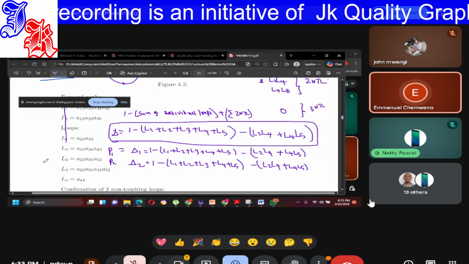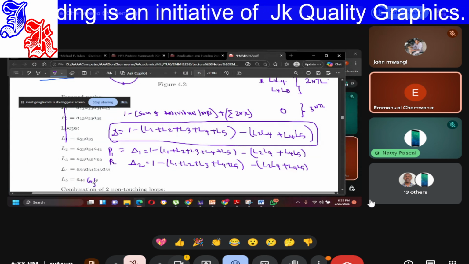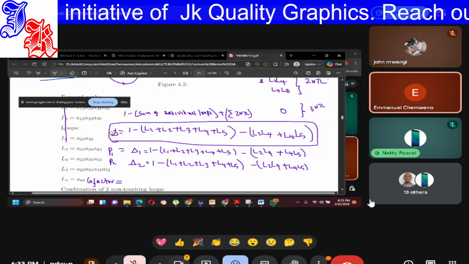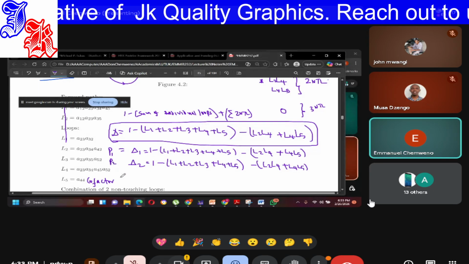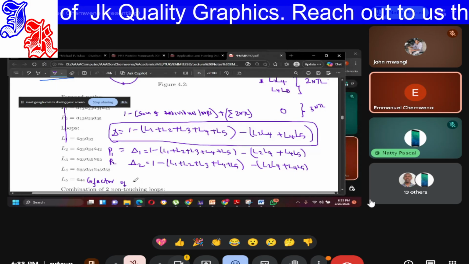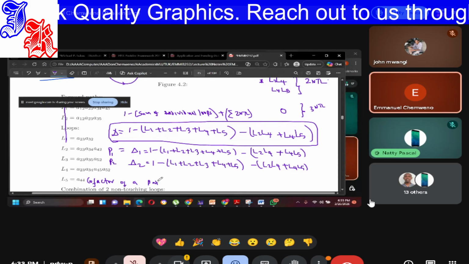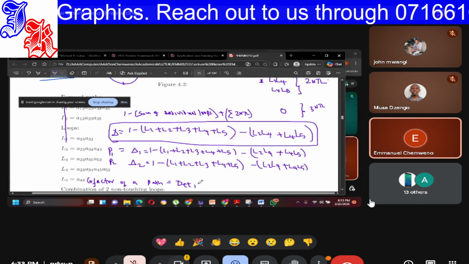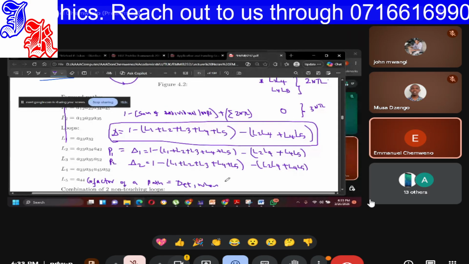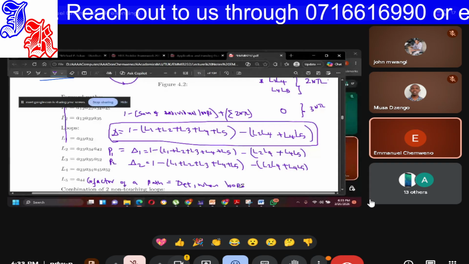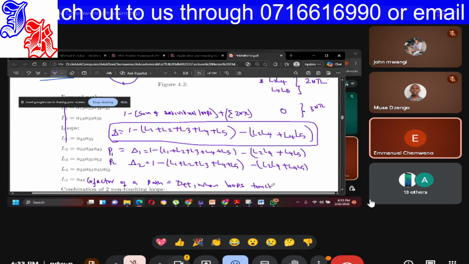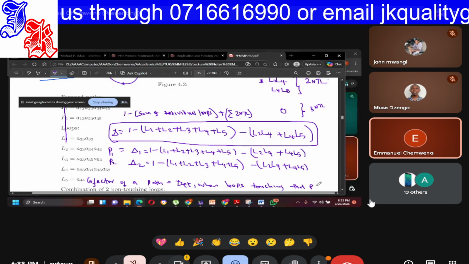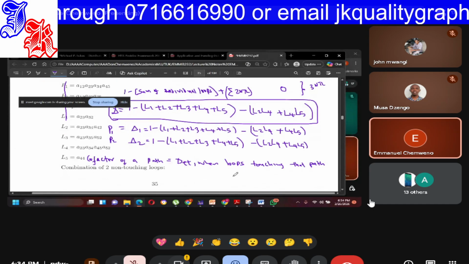Now, we said cofactor over path is equal to the determinant when loops touching that path are removed.